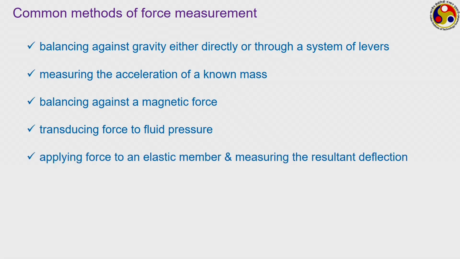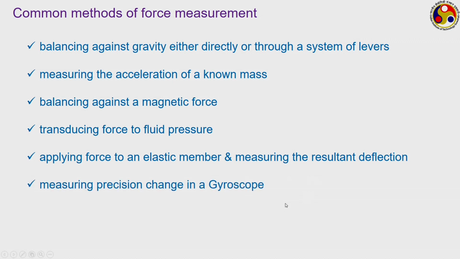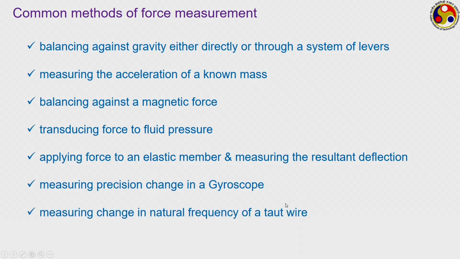Then applying the force to an elastic member and measuring the resultant deflection, similar to displacement or deflection measurement, except that here the objective is to measure the force. Measuring precision change in a gyroscope and measuring the change in natural frequency of a taut wire are a bit more specialized situations.